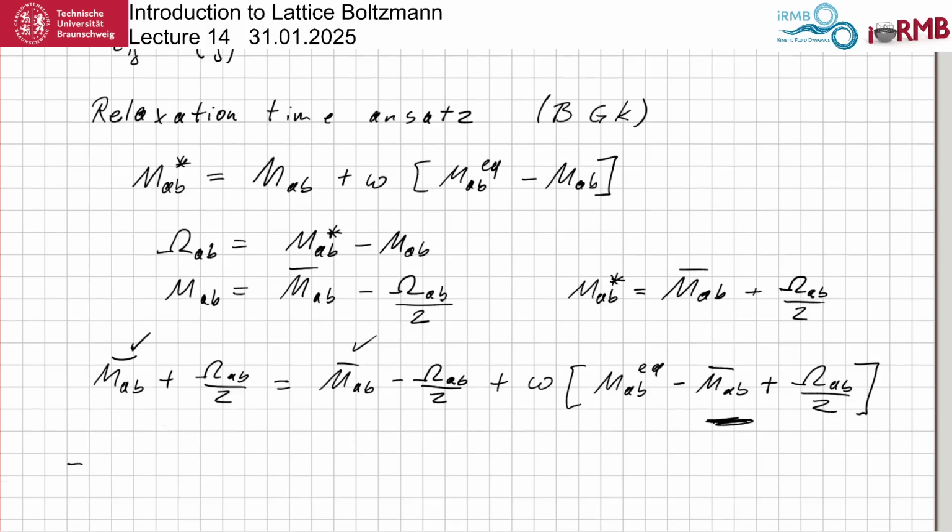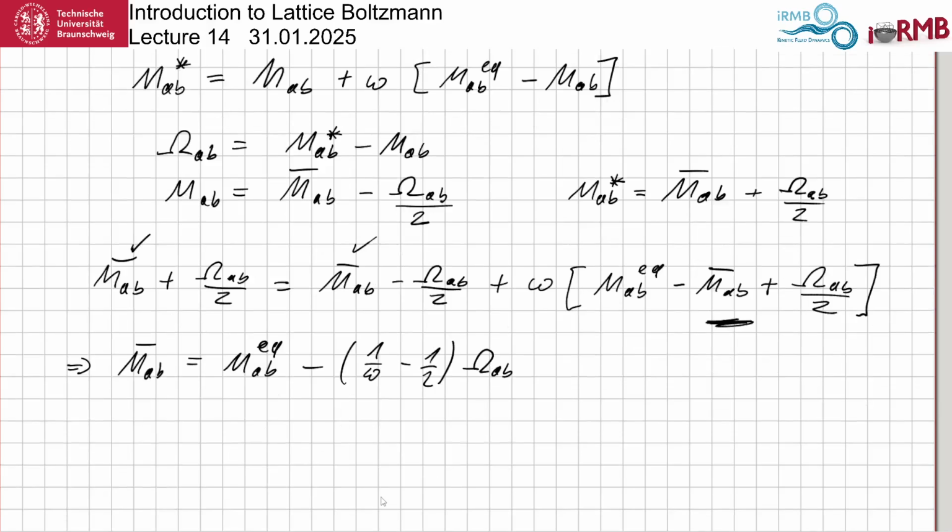And if we solve for this, we get M_AB over bar is equal to M_AB equilibrium minus (1 over omega minus 1/2) times this capital omega_AB. We call this here the tau, the tau that the original continuous BGK equation uses. So this is what we have in general, and now we want to build our model.